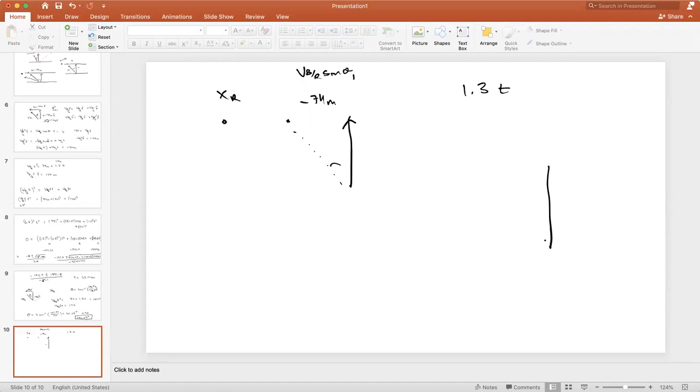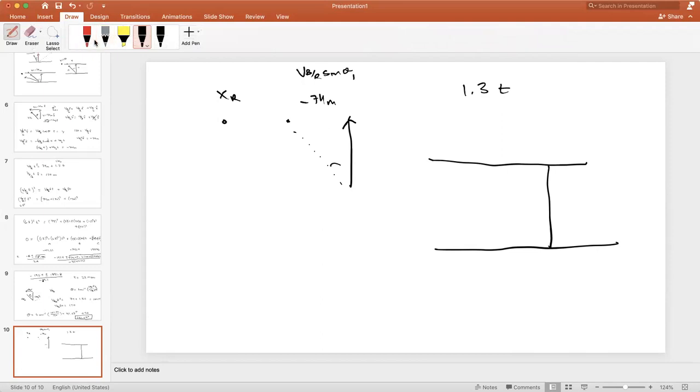What this looks like is this boat is trying to cross the river, and it makes a path straight to P, right? Straight to the point that's negative 74 meters. But it's actually angled at a much greater angle, and that greater angle was 131.